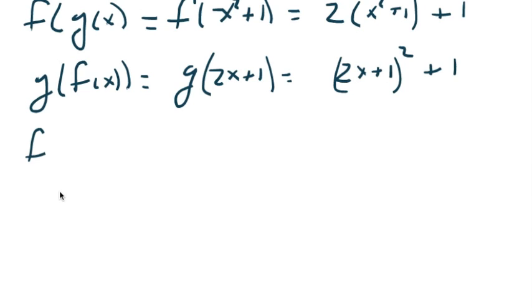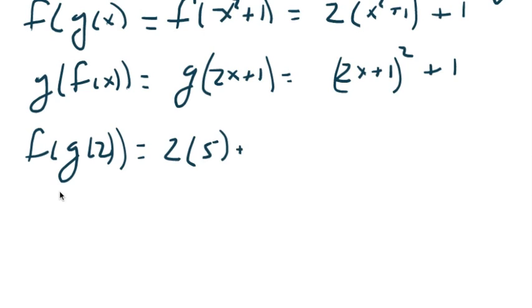So now let's do f of g of 2. We're going to evaluate this for the value of x equals 2. So that's 2 times the quantity 2 squared plus 1, that's 2 times 5 plus 1, so that works out to 11.